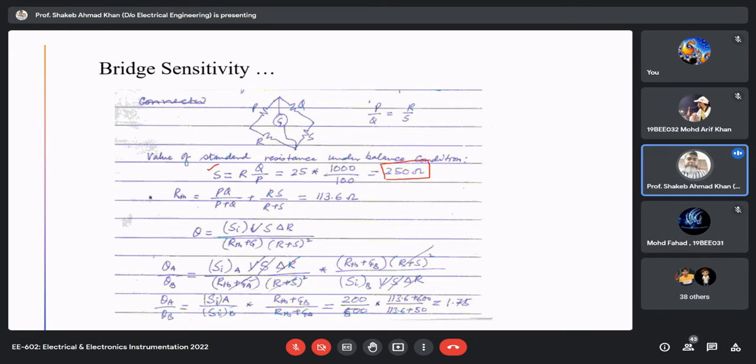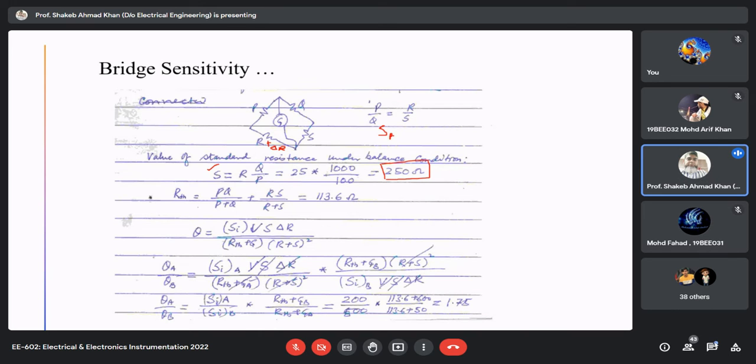So initially the bridge is balanced. Now there is a delta R. We change this value of R by delta R. Then for that delta R, we will find out the sensitivity of the bridge with galvanometer A and galvanometer B.